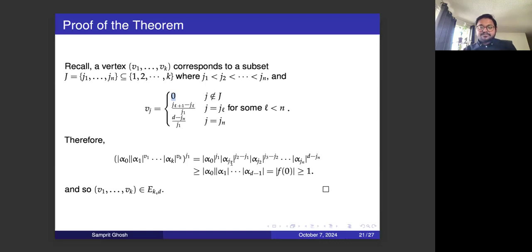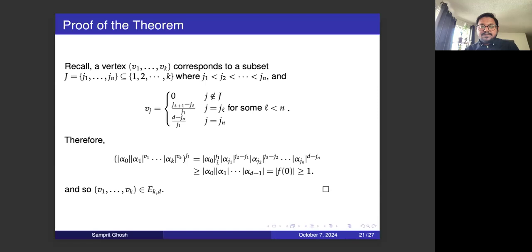So the only elements which will appear here are subscript j1, j2 through jn. And then from here, we get that the second exponent is j2 minus j1, the third exponent is j3 minus j2, and so on. And the last one is d minus jn. And of course, j1, j2, jn are in increasing order like that.